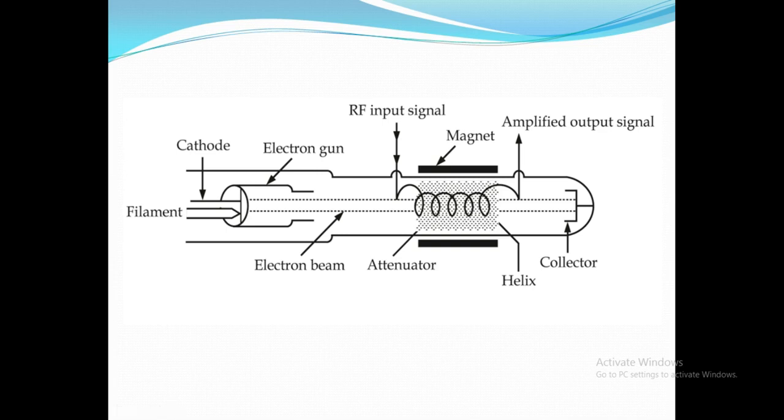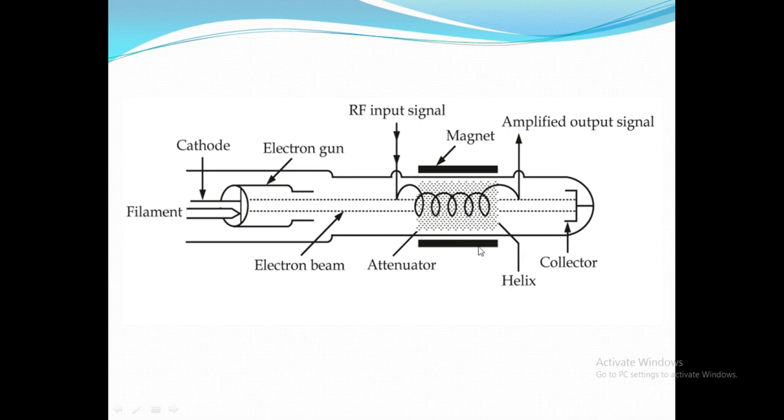The electron beam and RF field both travel in the same direction with nearly the velocity of light.